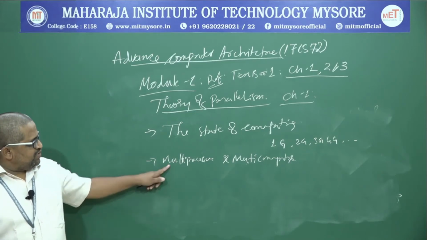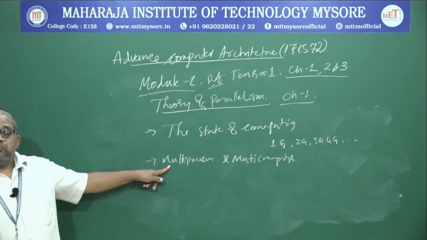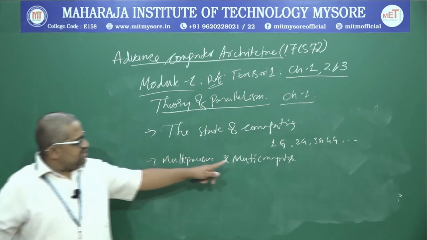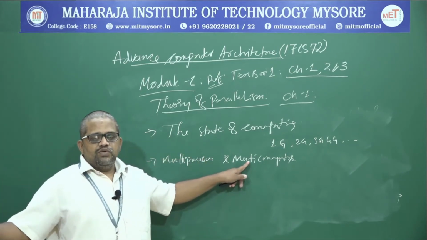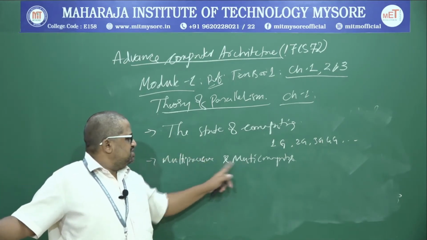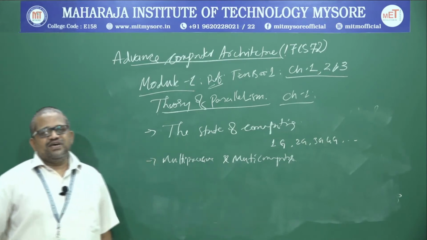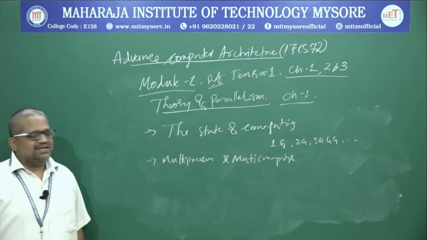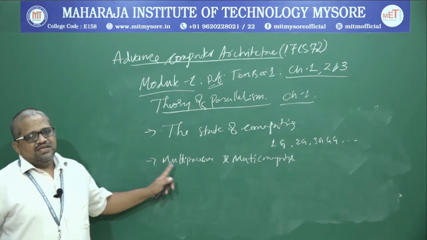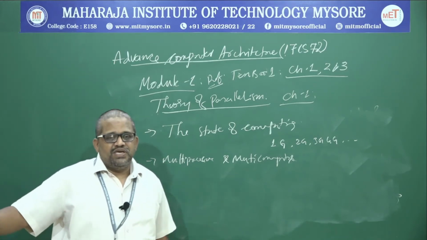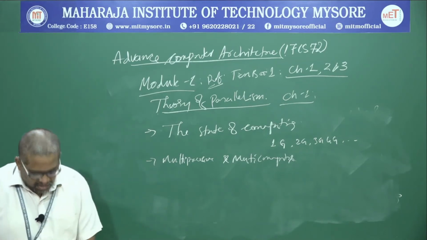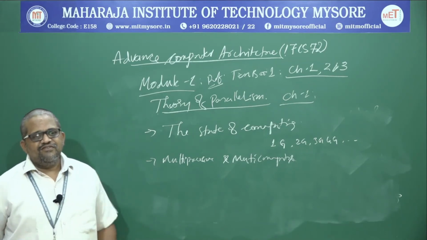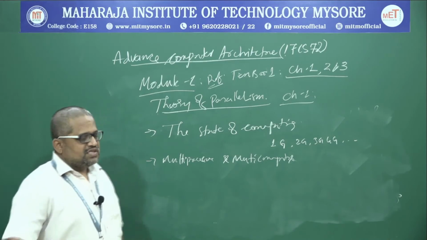In the case of multiprocessors, many processors are working on one particular job. Even in a multicomputer, many are working on one job, but the only difference is the sharing of resources. In the case of multicomputers, the resources are exclusively allocated, whereas in a multiprocessor, resources like memory may be shared, or even provided in a redundant fashion. Clear? Right. That is the thing.